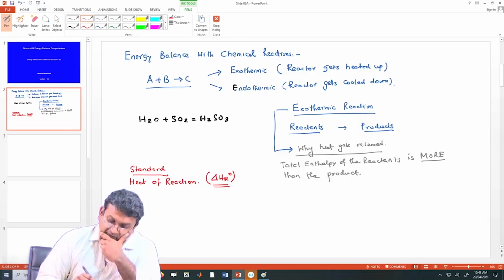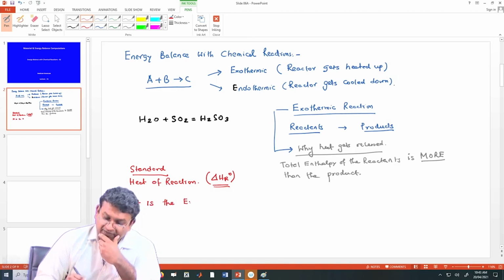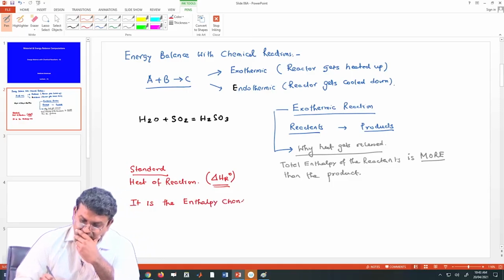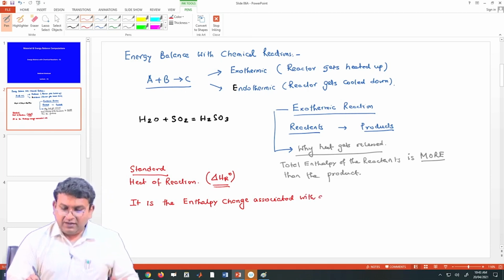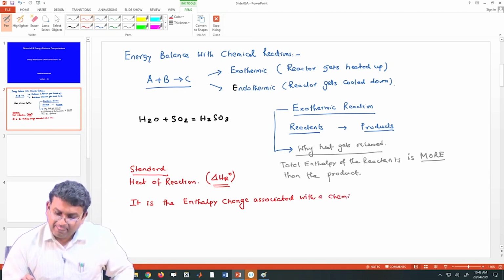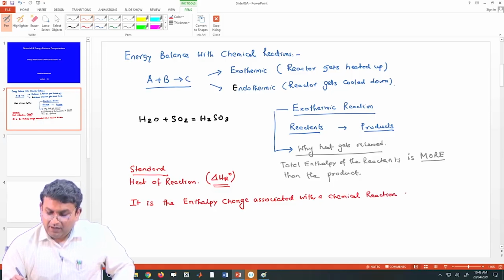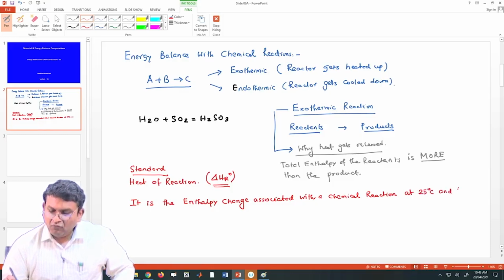When you are talking about the standard heat of reaction, it is the enthalpy change associated with a chemical reaction at 25 degrees centigrade and 1 atmospheric pressure.